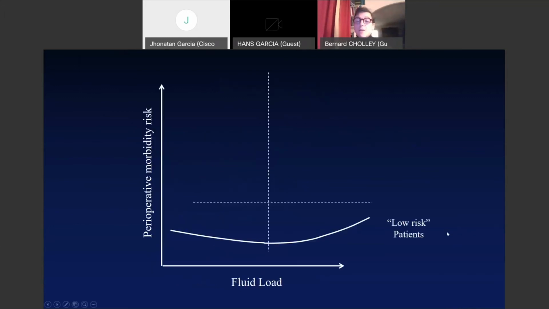If I am dealing with a low-risk patient, a patient that is ASA1 or ASA2, if I represent here the ideal fluid load that I have to give to my patient, if I am able to achieve the ideal fluid, I reduce the perioperative morbidity risk as much as I can. And if I move away, because it is a low-risk patient, if I do not give enough fluid, or if I give too much fluid, I slightly increase the risk in my patient, but almost nothing.